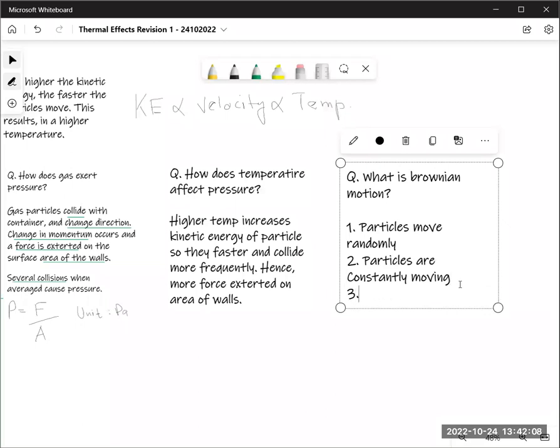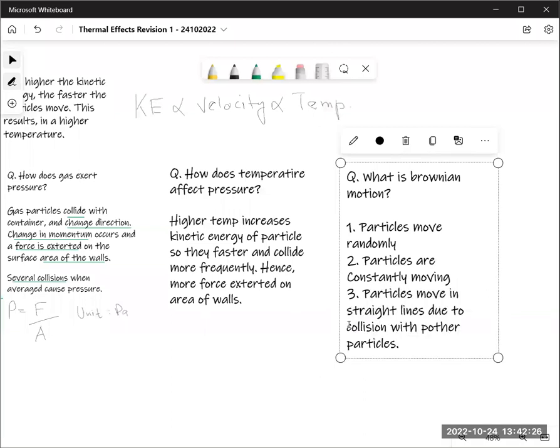What else do we know from this? Let's say they move in straight lines due to collision with other particles. Now this part, due to a collision with other particles, is something you need to understand.